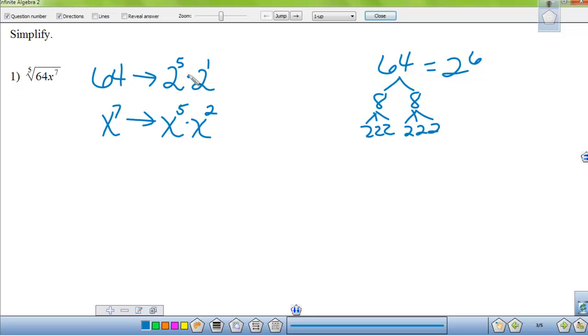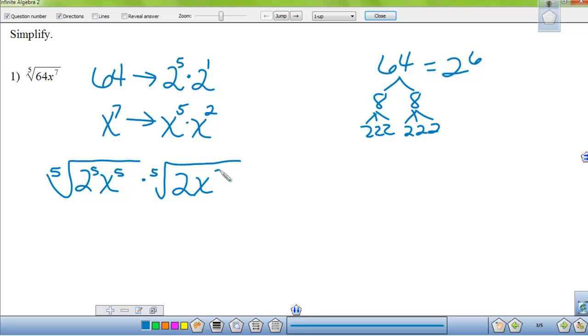Again, I'm going to just separate out the ones that are perfect fifths from the ones that are not. So under one radical, I'm going to put the 2 to the 5th and the x to the 5th. And in the other radical, I'm going to place the ones that are not perfect fifths. In other words, they're just the leftovers.